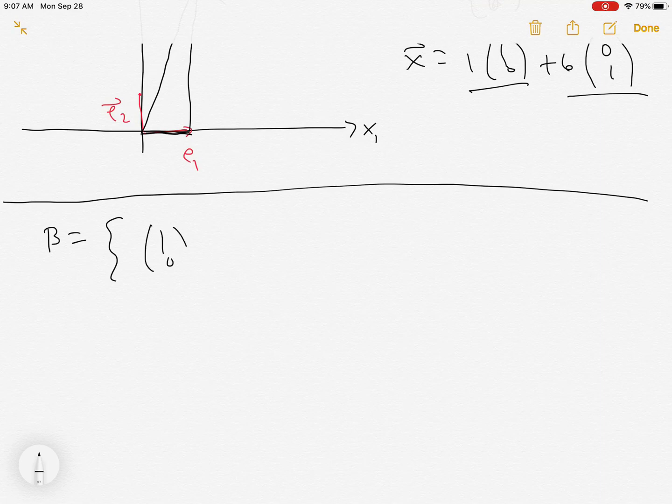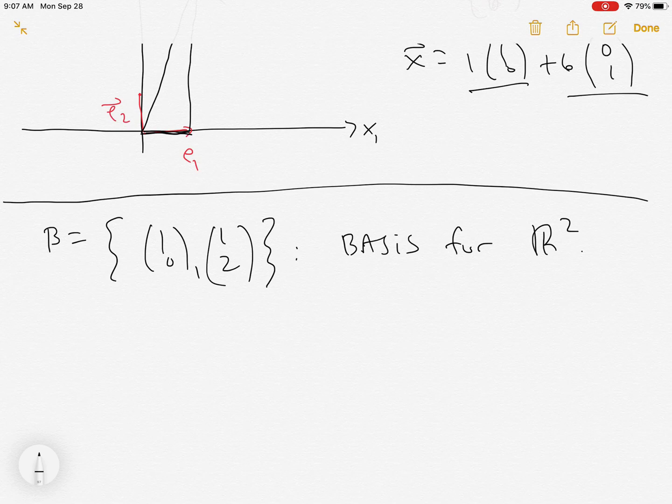We're going to use the vectors 1 0 and 1 2. There are 2 vectors. One's not a linear combination of the other. That means they're linearly independent. And there's 2 of them, which is the dimension of the vector space. So that means they're a basis.